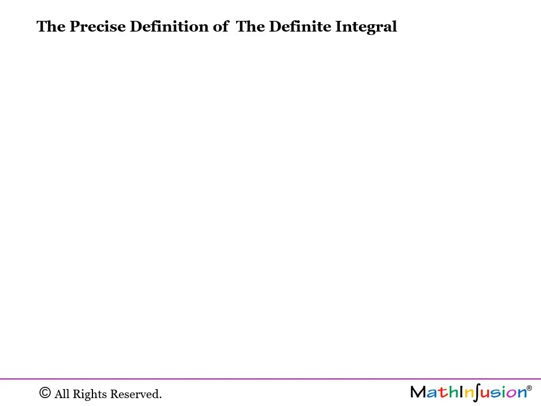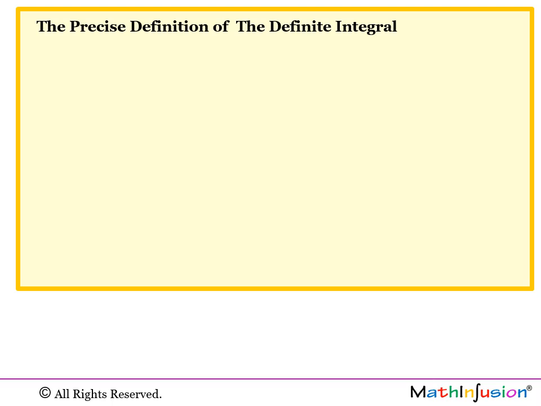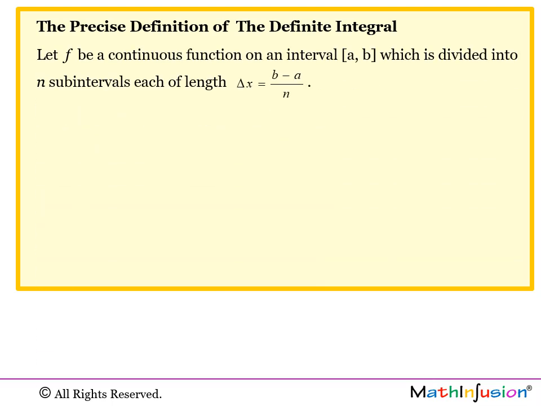We are ready for the precise definition of the definite integral. Let f be a continuous function on an interval [a, b], which is divided into n subintervals, each of length delta x equals b minus a over n.